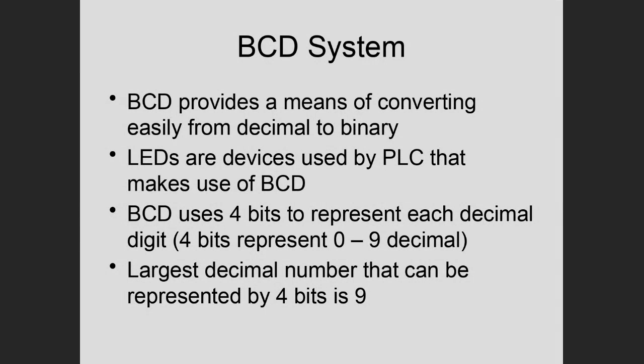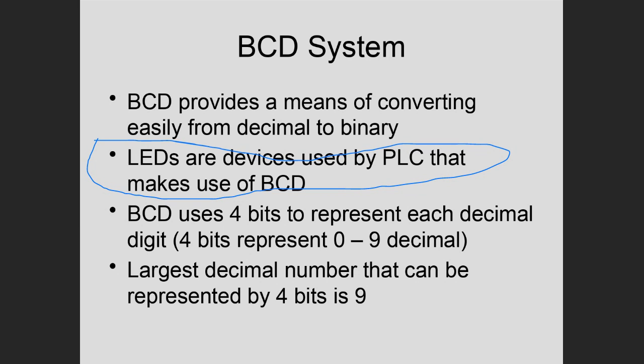BCD provides a means of converting easily from decimal to binary. This is the big one though: these LEDs use BCD when you want to use these 7-segment displays, and they're used quite often. Any kind of digital readout, even on your cell phone. When you type a number, it displays, that's a digital readout. And that would be a case where you could use this code, BCD.